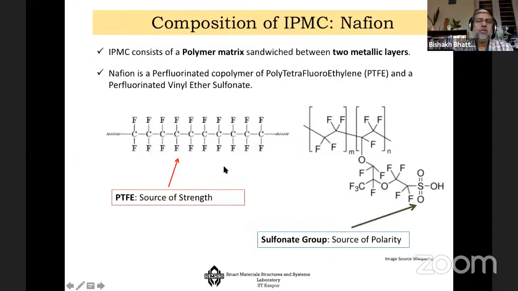And in IPMCs, the structure has two components. One is what is used in your Teflon-based non-stick pans, the PTFEs, and the other group is the sulfonate group. The PTFE groups give it the strength, and the sulfonate groups give it the polarity.